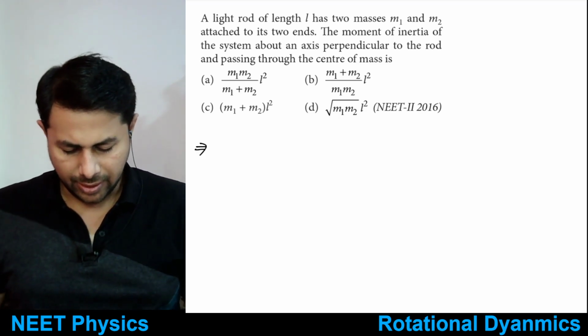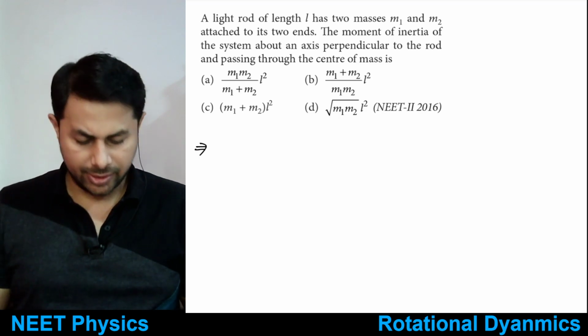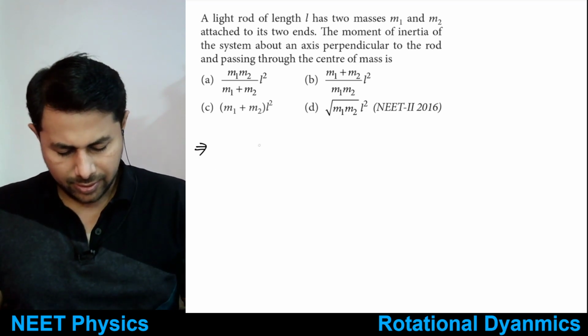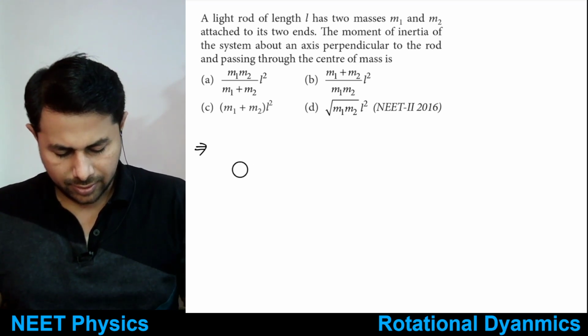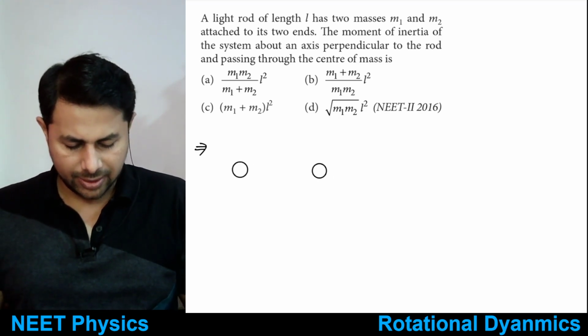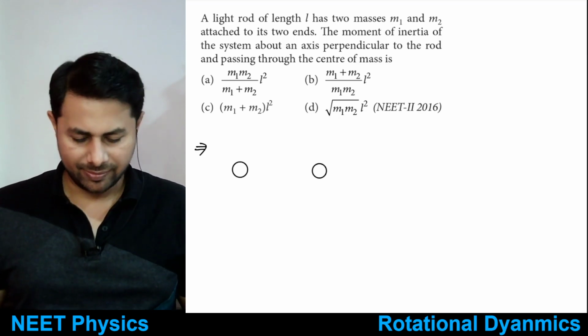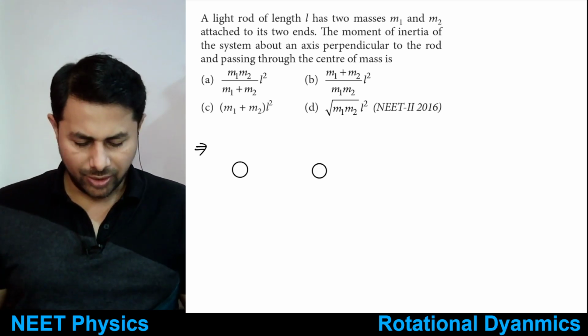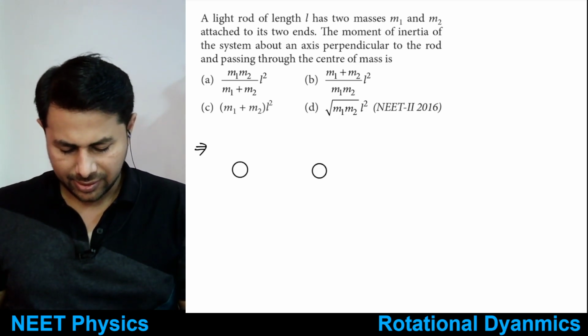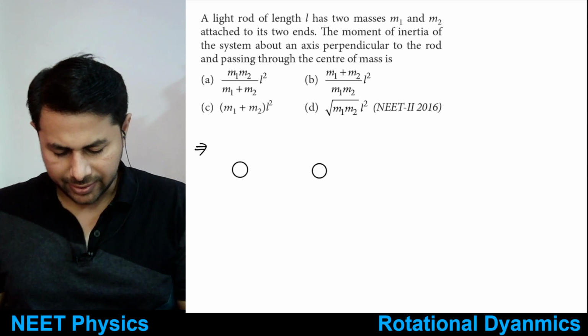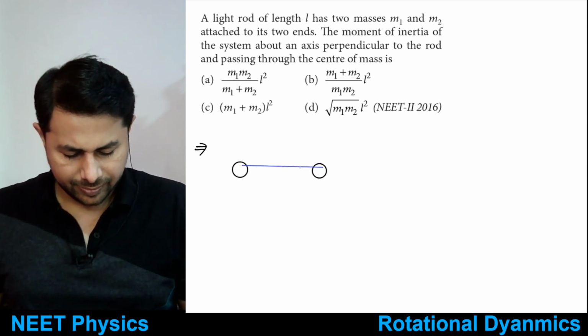Okay, now let's solve this one. We'll solve this one, but the result we will memorize. Okay, this result we are going to memorize. All right, so you have two masses at the two ends of a light rod.